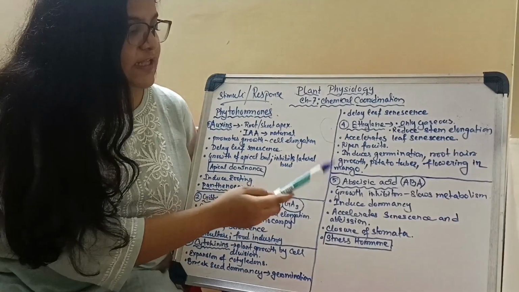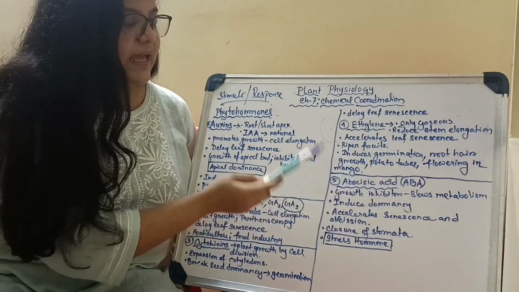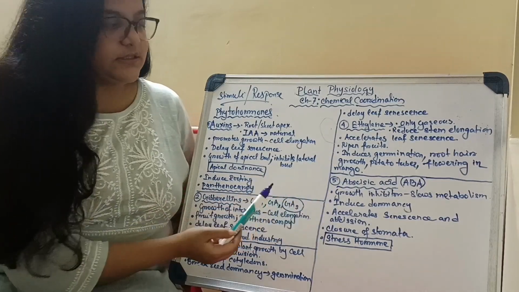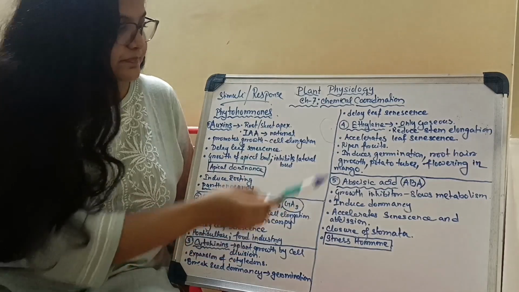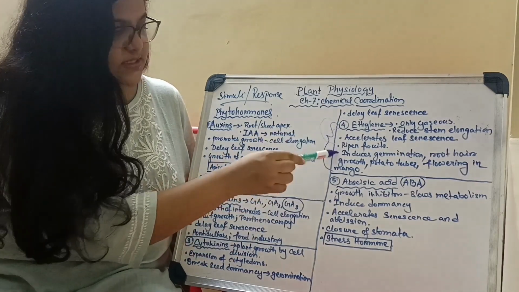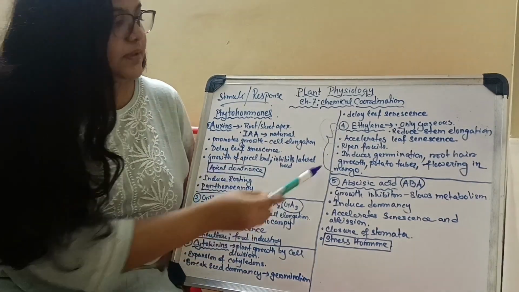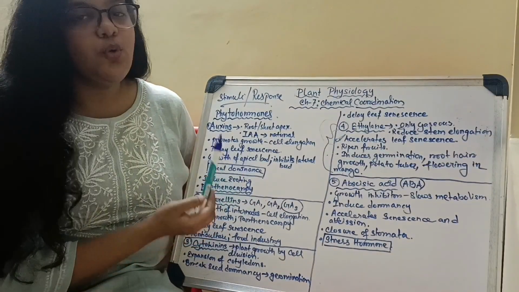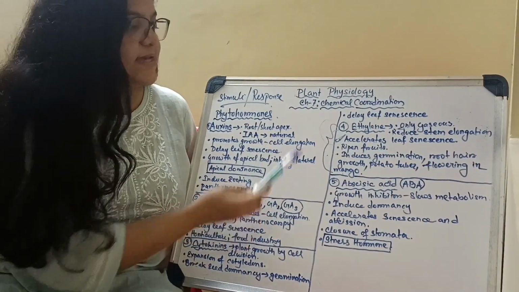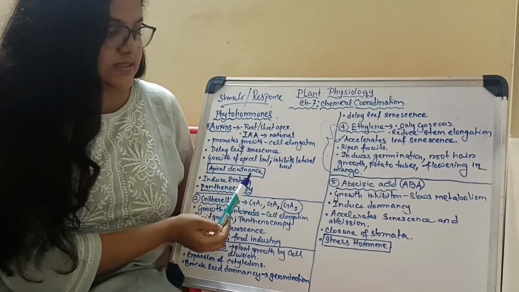Now it also helps in root hair growth and the growth of tubers on the potatoes. Thus, it is a positive hormone. Okay, but the only drawback is that it accelerates leaf senescence.